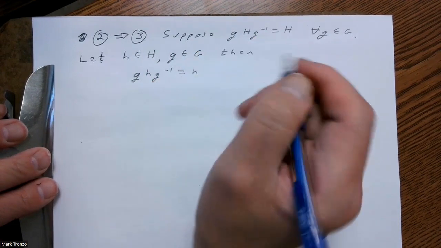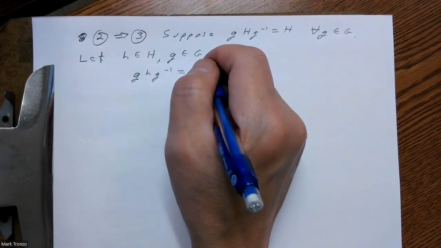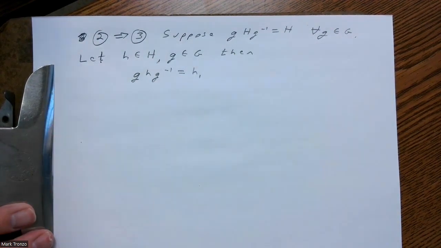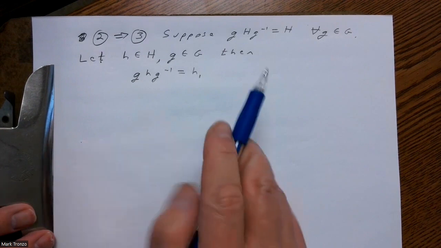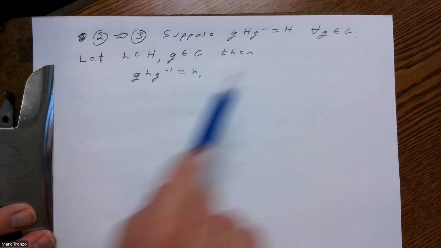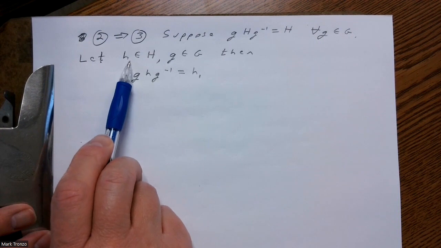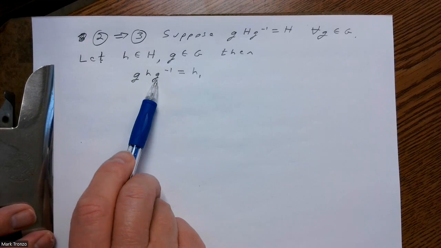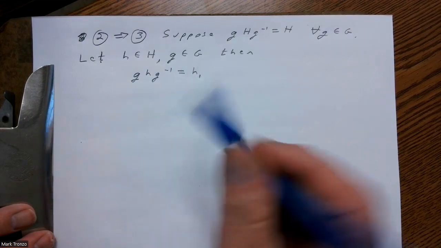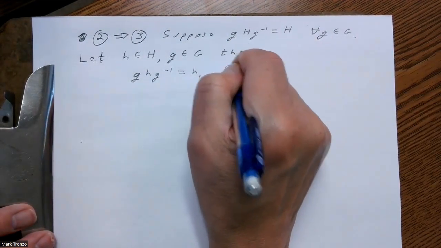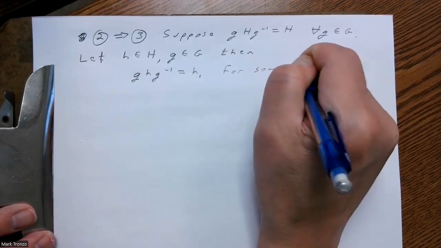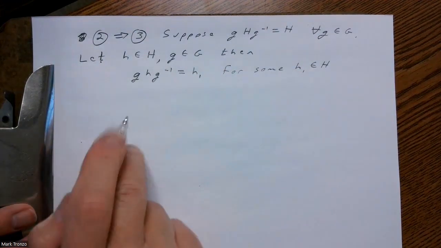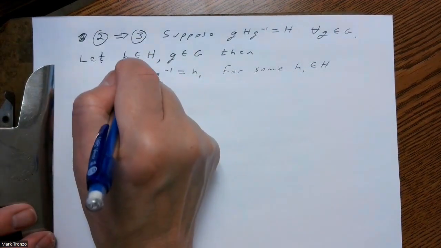h1 again. This is not necessarily the same h1 from before, but let me just give it a number, call it h1. So we're assuming that this is true. Then if we take something in H and something in G, then ghg inverse has got to be equal to some element in H. So this would be for some h1 in H. So now let's go here.